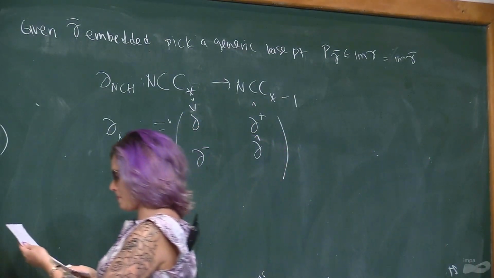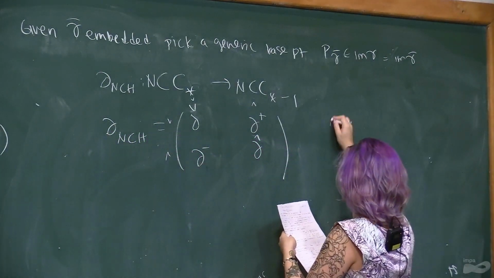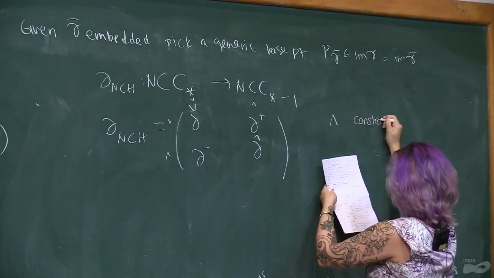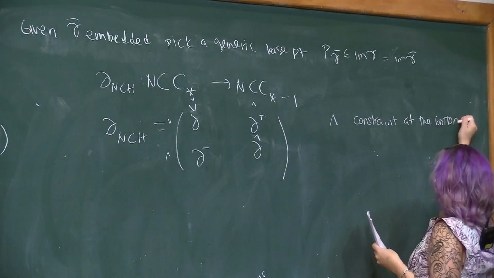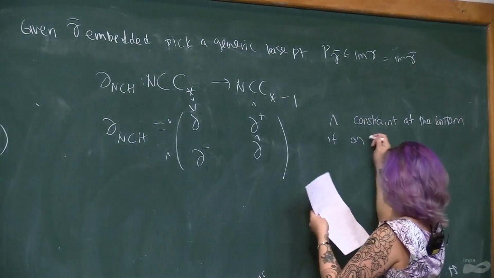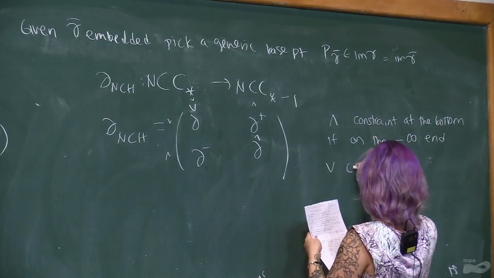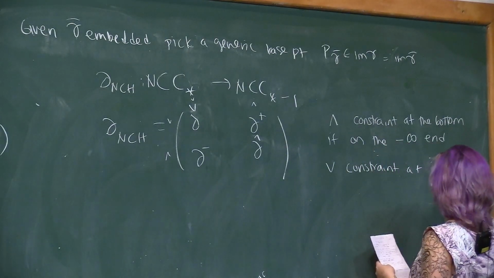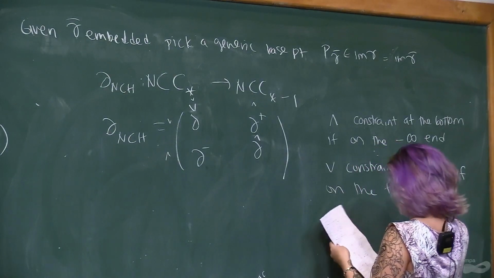Okay. So here, a hat is typically going to correspond to a constraint at the bottom, if on the minus infinity end of a cylinder, and a check will have a constraint at the top, if on the plus infinity end.